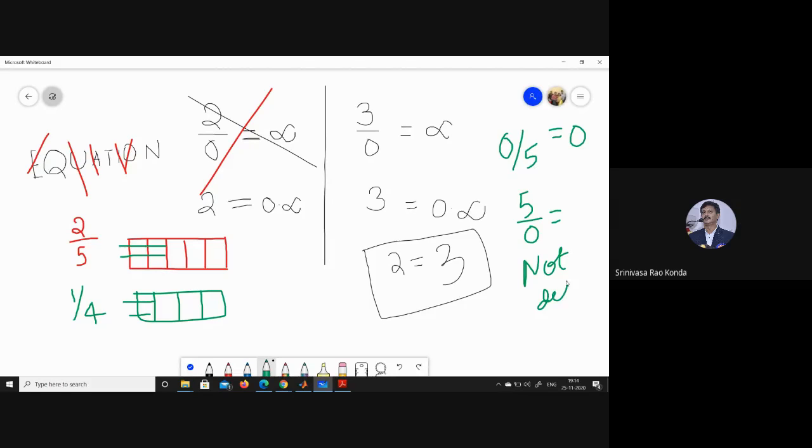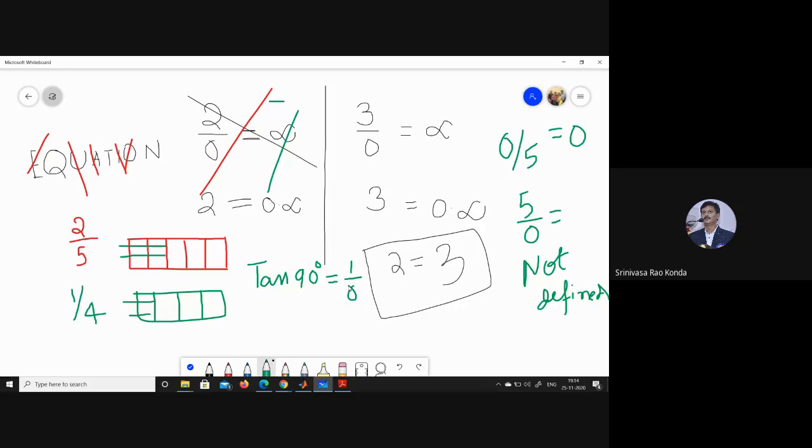This number is not defined. So anything by 0 is not an infinity. It is not defined. Tan 90 is sin 90 by cos 90, which is 1 by 0, and it is not an infinity.